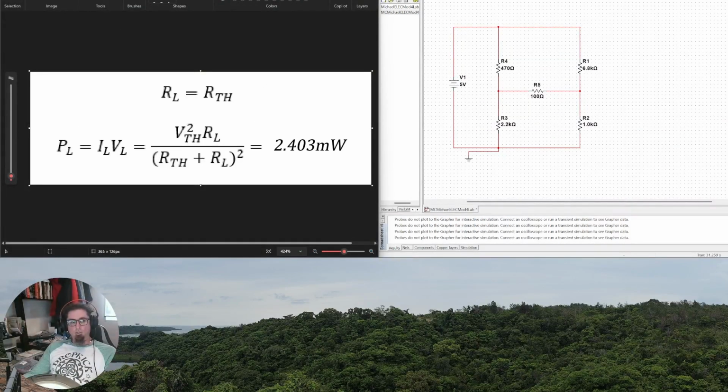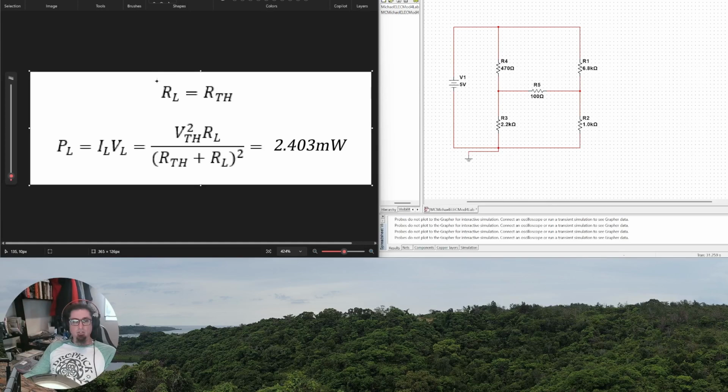The final thing we're going to look at in this circuit on Multisim is what our maximum power transfer is across the load resistor. According to our textbooks, maximum power is obtained when RL is equal to R Thevenin.